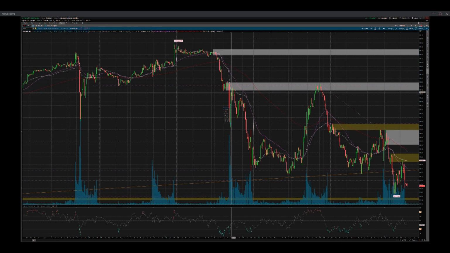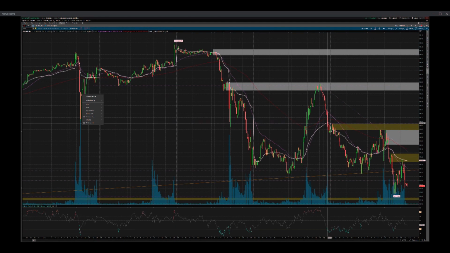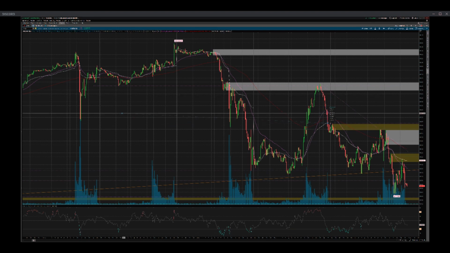This is 160 points in 20 minutes. This is 150 points in 10 minutes. So if I'm looking for price to come back here, I don't want to risk the 90 points I made for a chance for this thing to skyrocket to the upside like it has in the past.